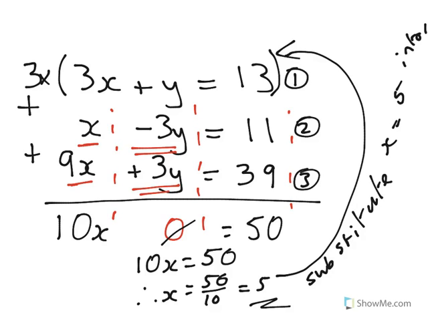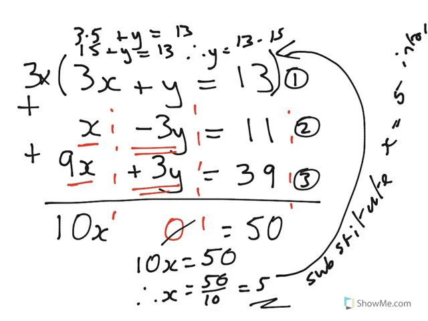If we do that, we know that 3 times 5 plus y equals 13. So we get that 15 plus y equals 13. Therefore, y must equal 13 minus 15 equals minus 2. So I now know that y equals minus 2.